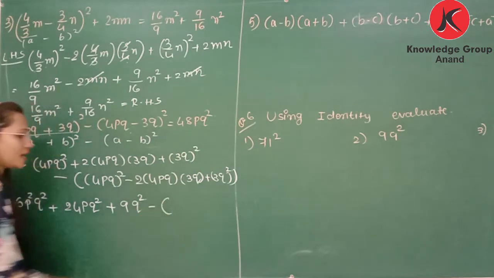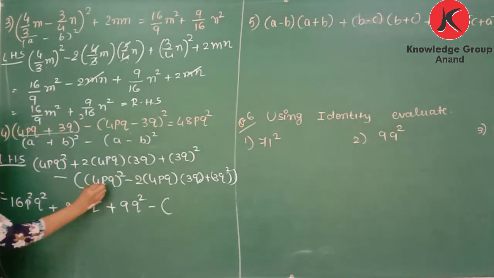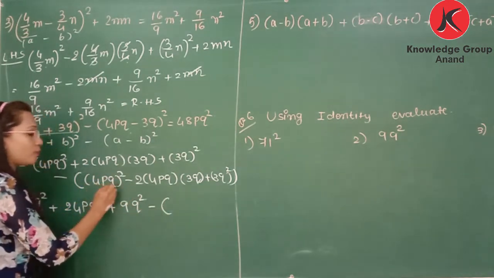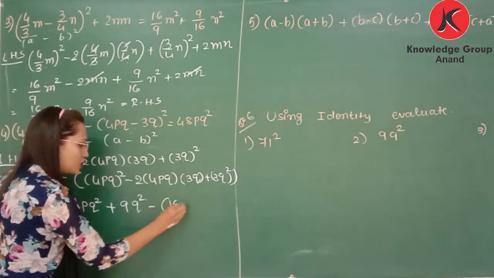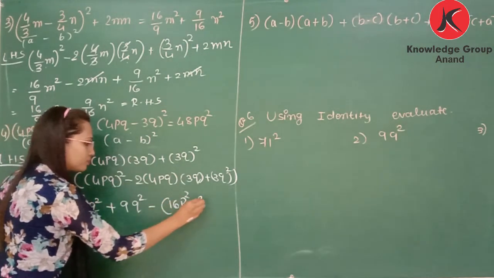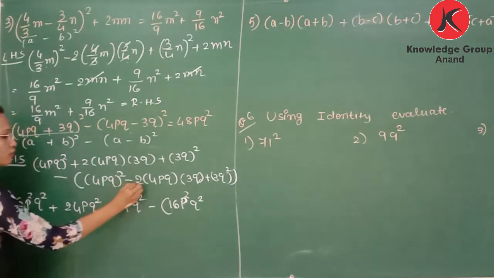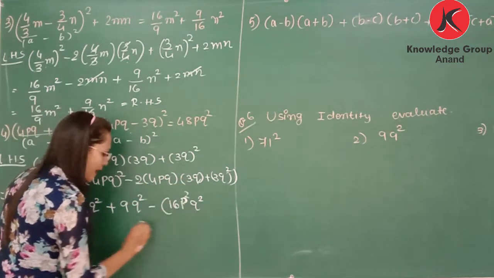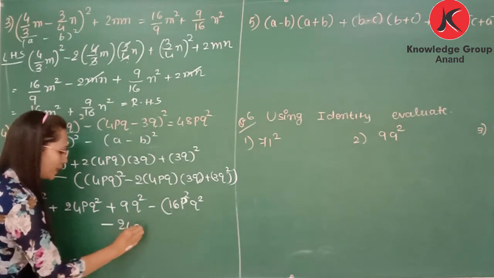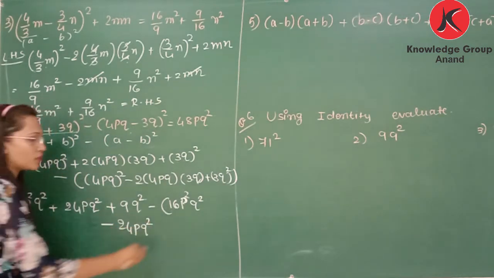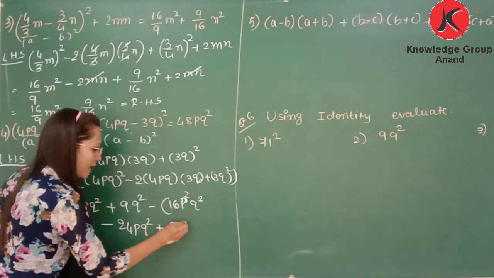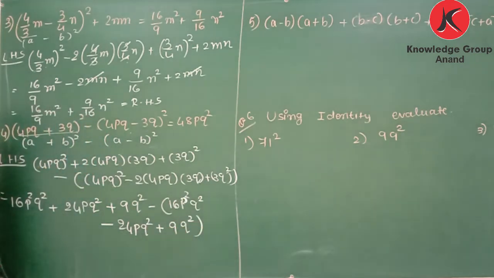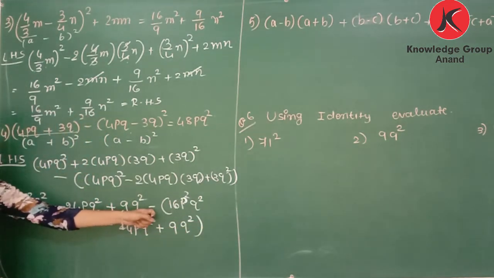Now minus is there, make a bracket. (4pq) whole square, that is 16p square q square. 4 2s are 8, 8 3s are 24, minus 24pq square. 3 square, that is 9q square. Okay. Now here negative sign outside the bracket.